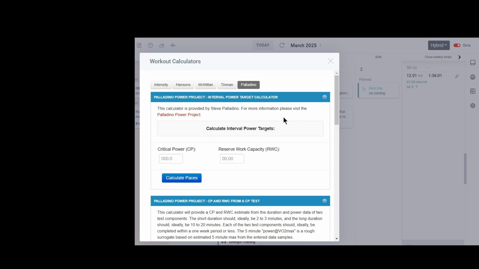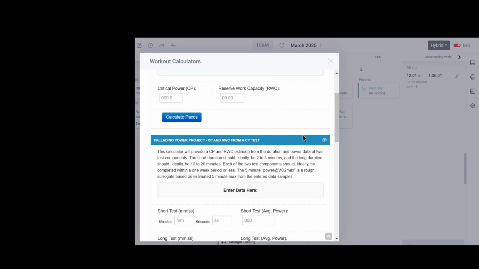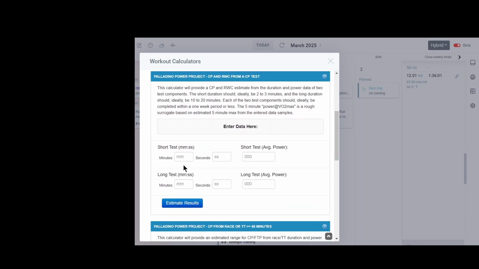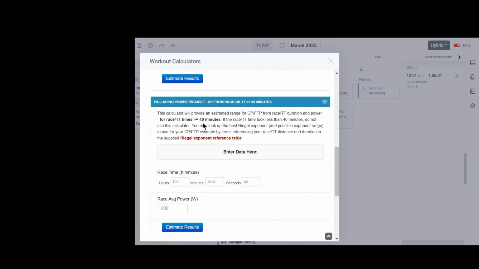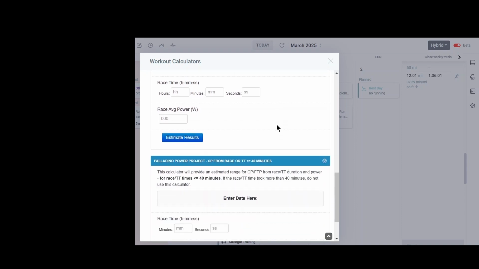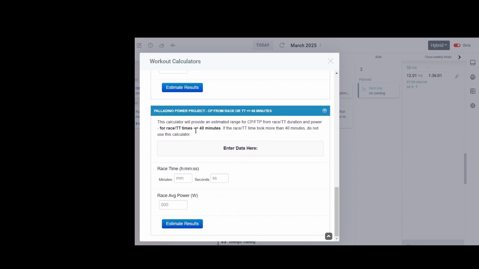And I'll just scroll down. That's the Individualized Interval Power Target Calculator. Then there's a CP calculator using 2 test values. There is a CP calculator for entering race data that's over about 40 or 50 minutes long. And then there's a CP calculator for entering race and test data that is less than 40 minutes.